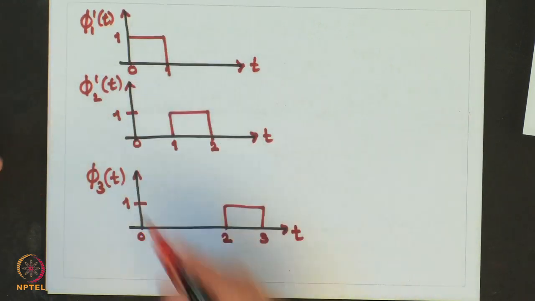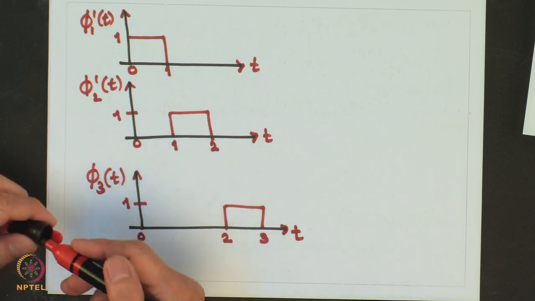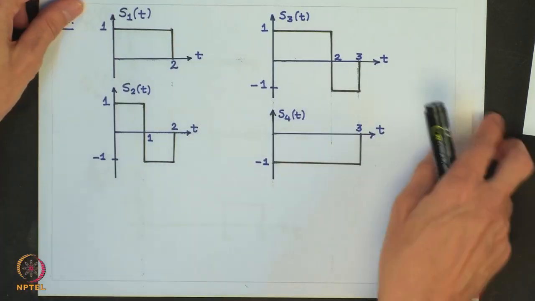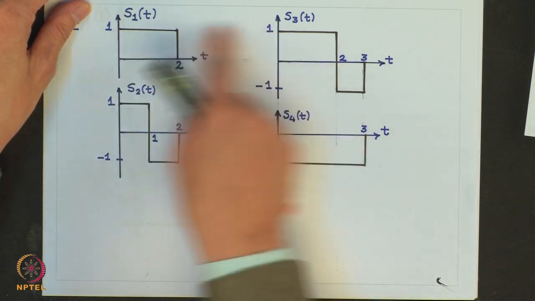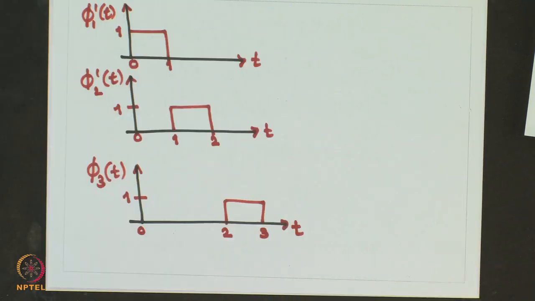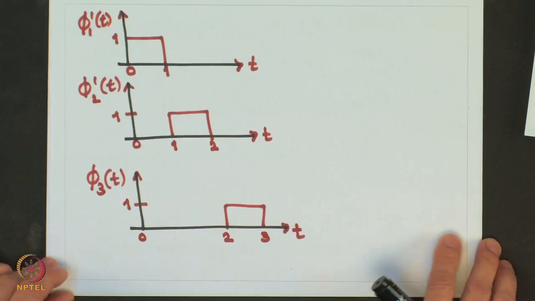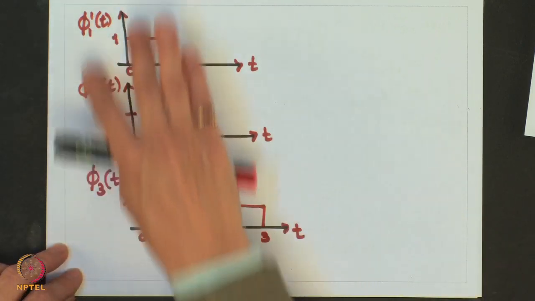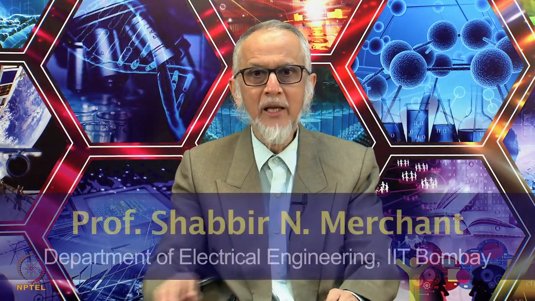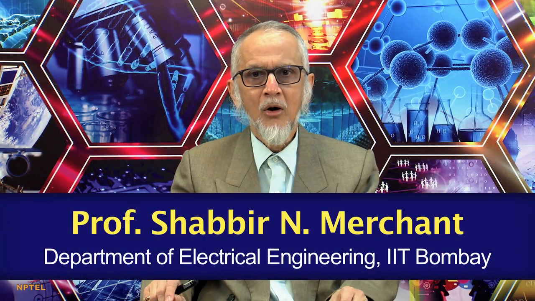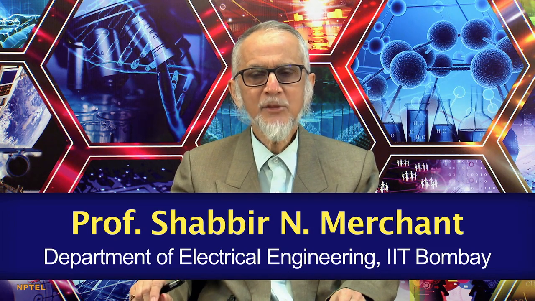So, these 3 basis signals also will be able to represent the signal space spanned by these 4 signals. So, this proves my point that the orthonormal basis signal set is not unique. Okay. So, with this we end the module on signal space representations of signals. Thank you.